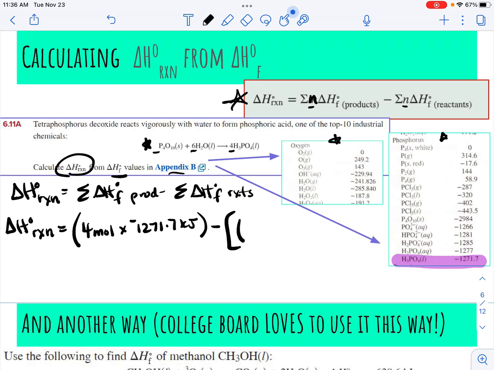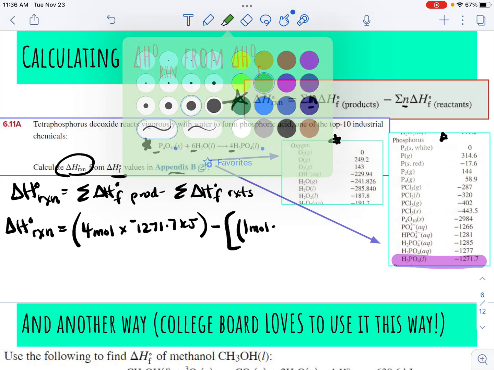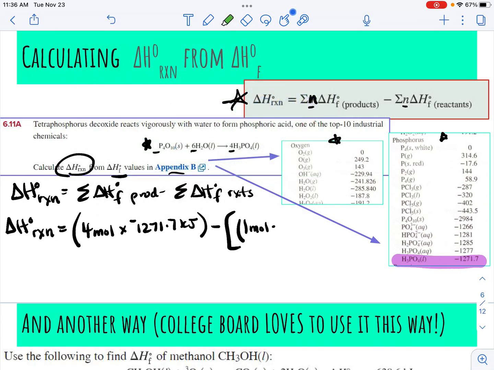Minus, for the reactants, 1 mole of P4O10 times the standard heat of formation of P4O10 solid here, so times negative 2984 kilojoules. Oh, this is kilojoules per mole. Sorry for these. Negative 2984 kilojoules per mole.